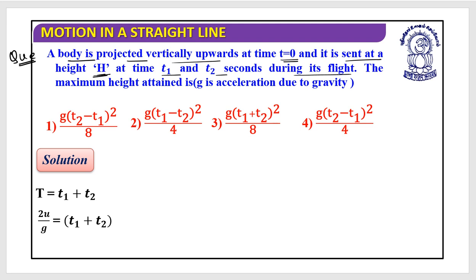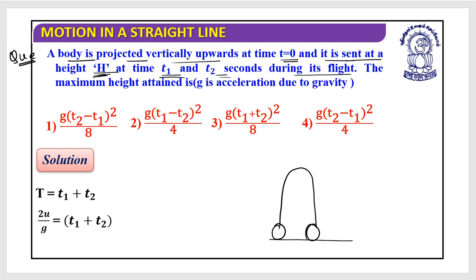The maximum height attained by it is. So first have a rough sketch of what they are asking. Let's say this is the object that has been thrown into the air and it is available at this point.